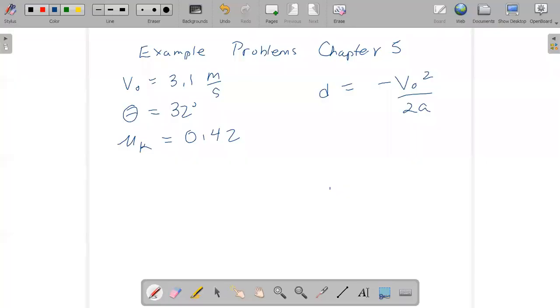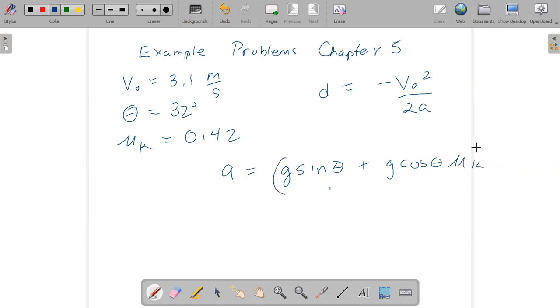All right, for the acceleration, you're going to have the acceleration on an incline is G sine theta. But now we have to deal with the friction, so A equals G cosine theta times mu k.